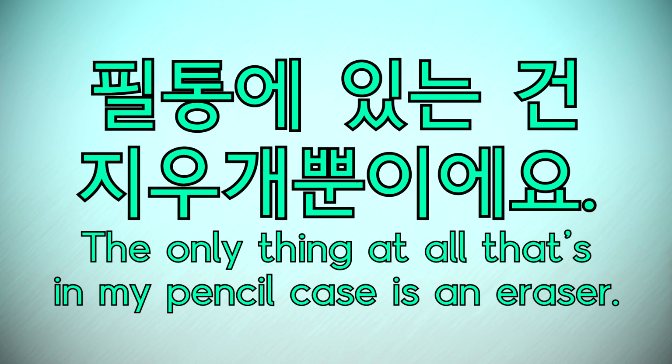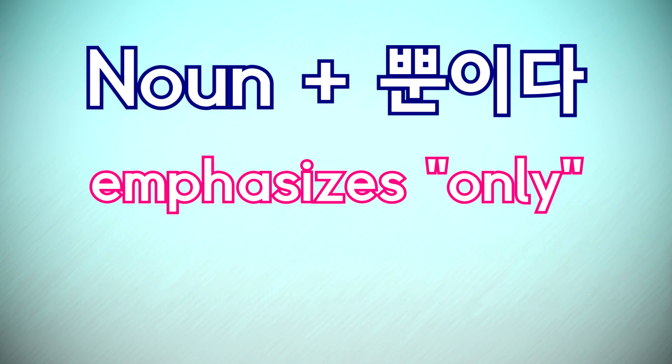Here's an example. 필통에 있는 건 지우개 뿐이에요. The only thing at all that's in my pencil case is an eraser. Now, simply saying 지우개 뿐이에요 by itself without a sentence, while grammatically correct, sounds awkward. This is because there's no reason to be emphasizing the eraser by itself.